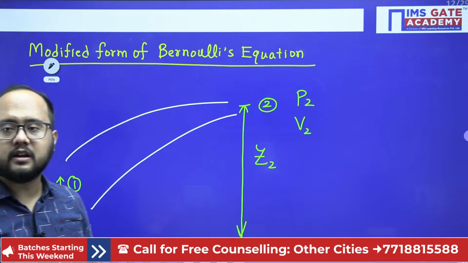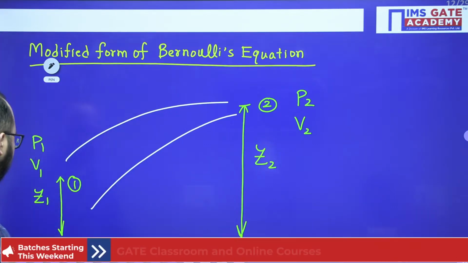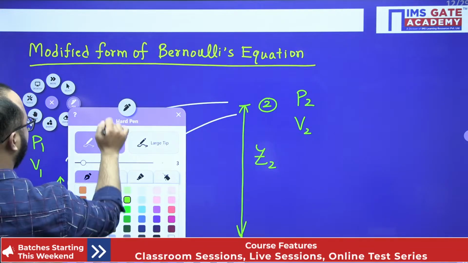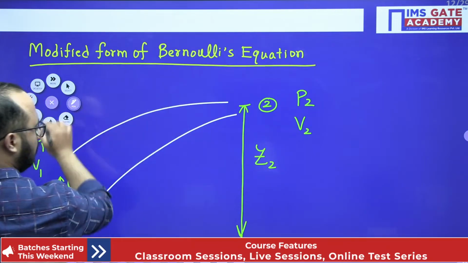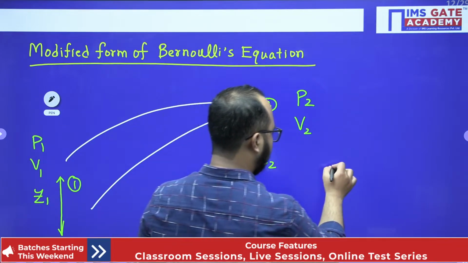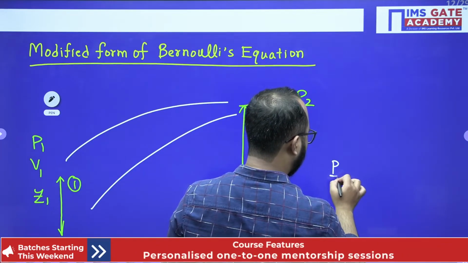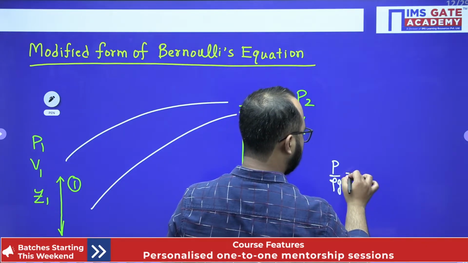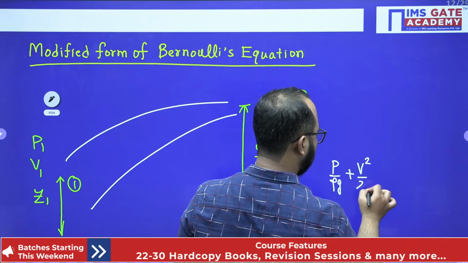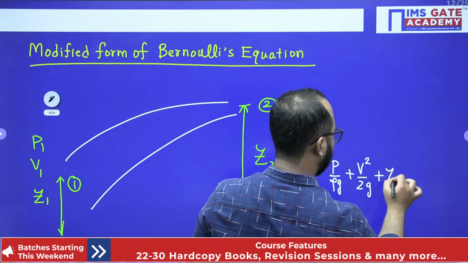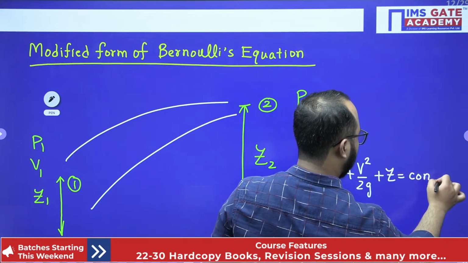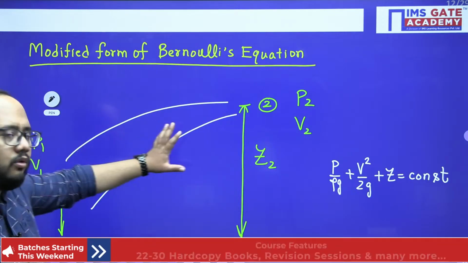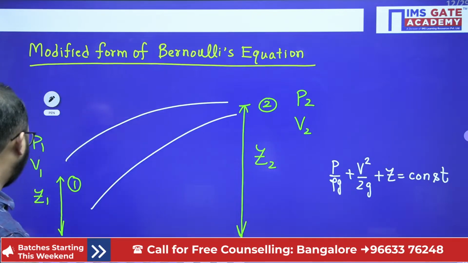Now, according to Bernoulli's equation, I can write the equation like this. P by rho g plus V square by 2g plus Z is constant. So the value of all three together will be constant, whether I write it for 1 or 2, both will be same.